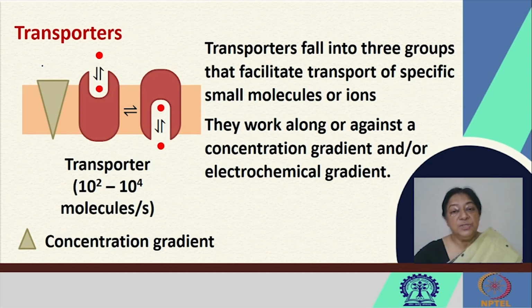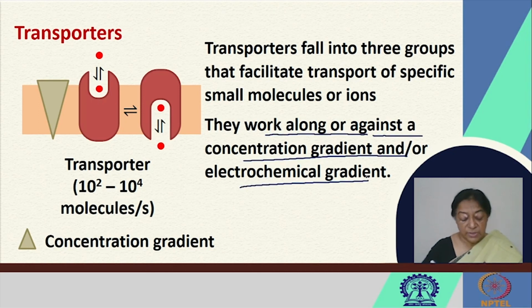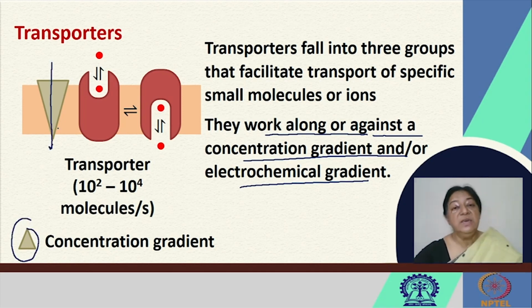When we have the transporters, there are three groups of transporters that facilitate the transport of specific small molecules or ions, and they can work along or against a concentration gradient and or electrochemical gradient. So when we're looking at the specific concentration gradient and we expect it to go in this direction, if it were a diffusion across the membrane, that would be facilitated.